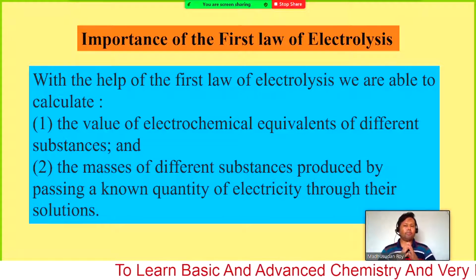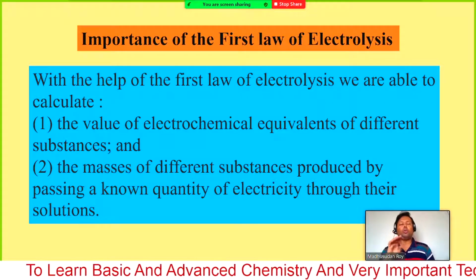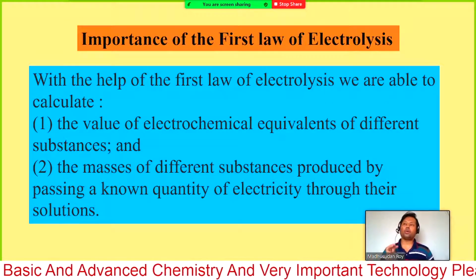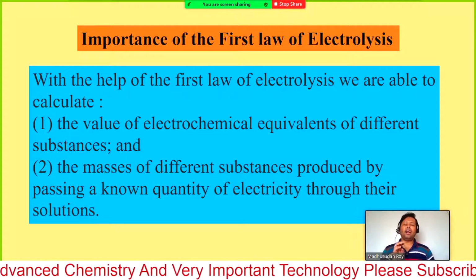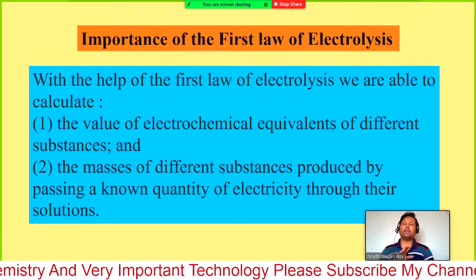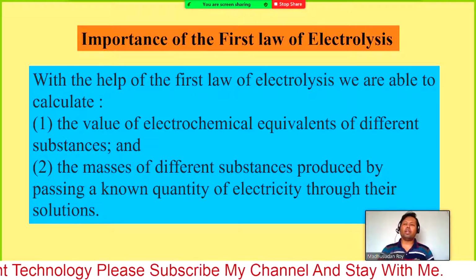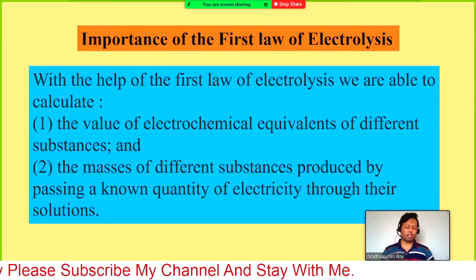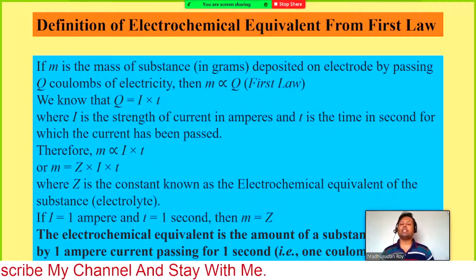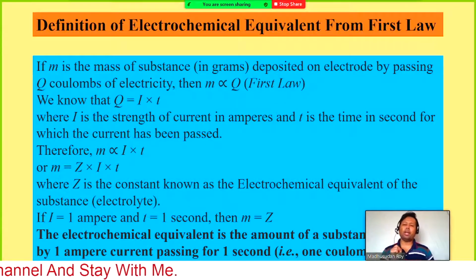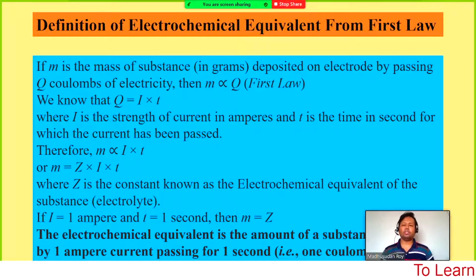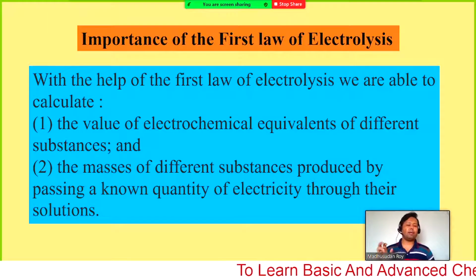So if you know what the electrode or electrolyte is, and how much electricity has been passed through it and for how long, you can get it from this equation. That means m equals Z i t. By using this formula you can easily find out how much substance will be deposited at the electrode. So you don't need to measure the amount.